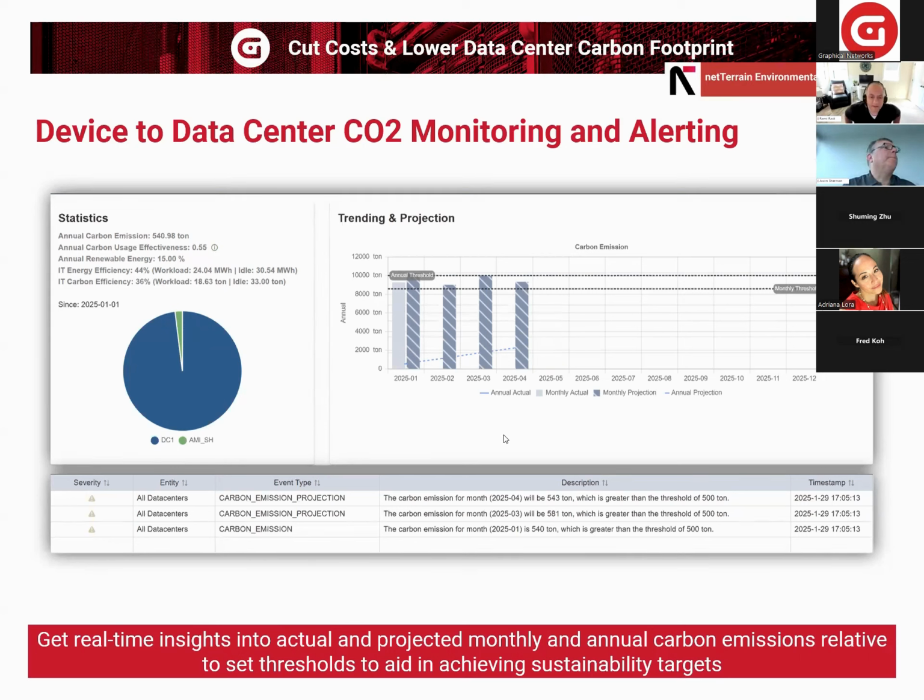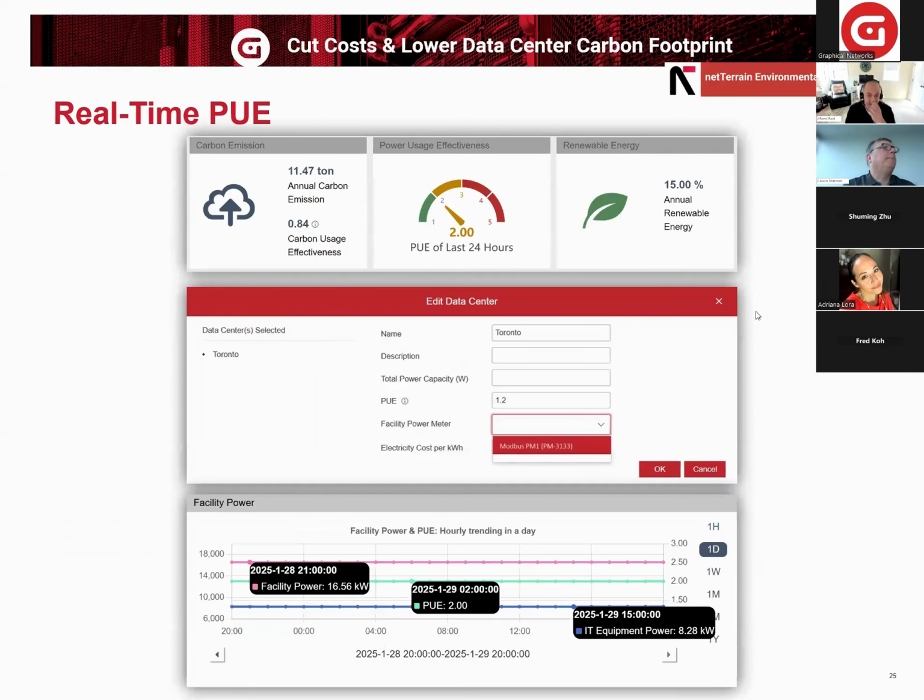Can go to the next slide. So one thing that's worth mentioning here, and these are relatively newer features we've added, is the ability to calculate the real-time PUE. It's one of the most well-known and most important metrics in a data center. So now this module can connect to power meters using different protocols such as Modbus. And from there, you're able to calculate the real-time PUE.